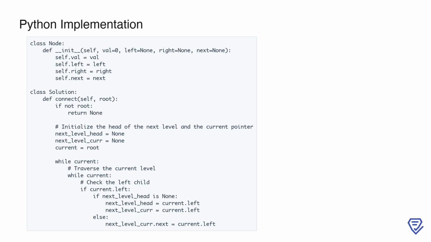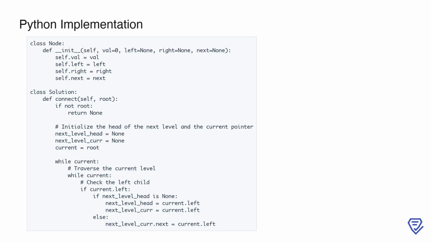next connections within the next level, and current to traverse nodes in the current level. The outer while loop ensures we process each level as long as there are nodes to visit. Within this loop, we use an inner while loop to traverse all nodes in the current level. For each node, we first check if it has a left child.